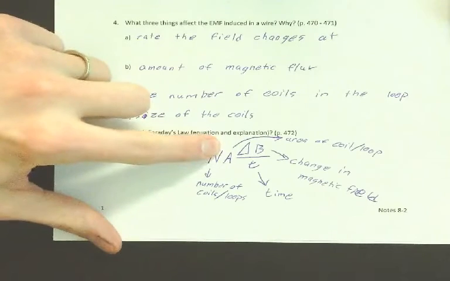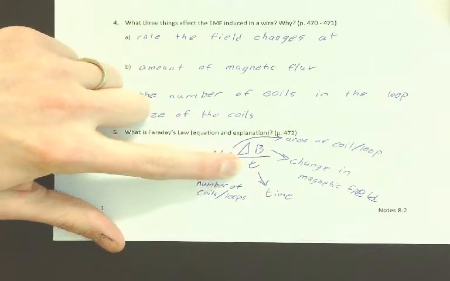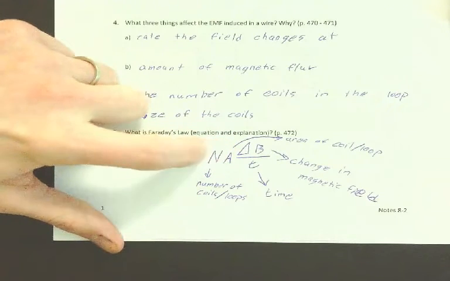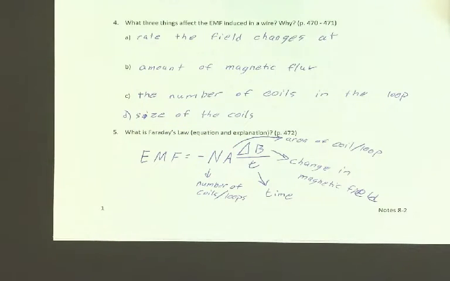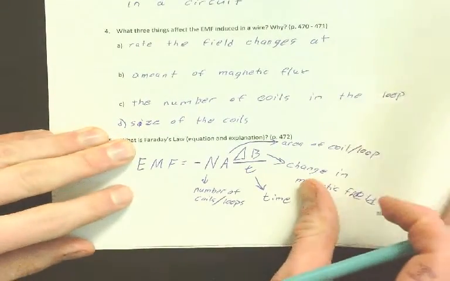Oh, there's 4 things in the equation. Magnetic flux is the change in field. Rate of change is the time. A is the area or the size. And N is the number. So if you know the equation, which I'll give you on the test, you can figure that out without having to memorize a bunch of stuff. You're welcome. All right, cruising right along.